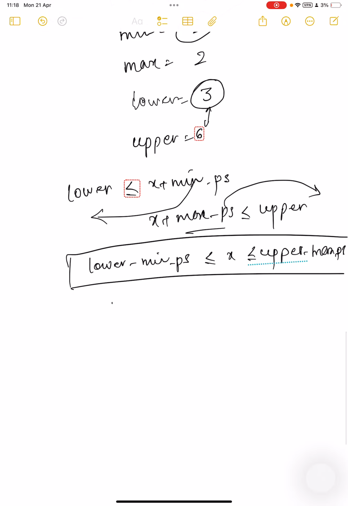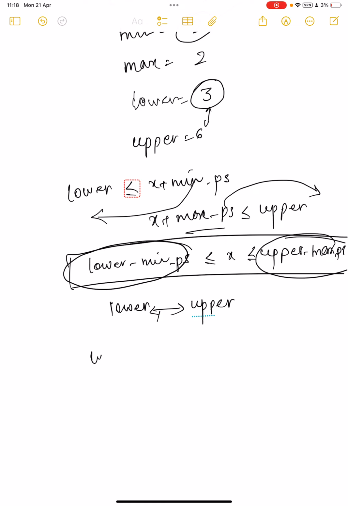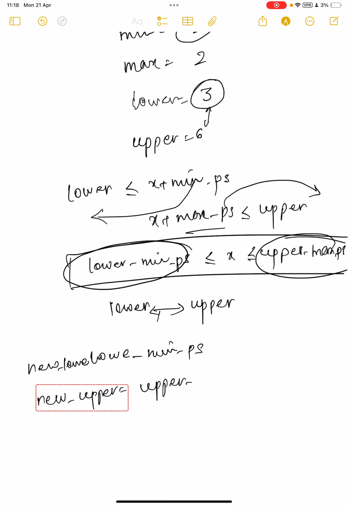Now for all the values which are between the lower and upper range which was given to me, if I check all of these values, if they lie between these two, then this becomes my new lower limit, which is lower minus minimum of prefix sum, and the new upper limit becomes upper minus max prefix sum.